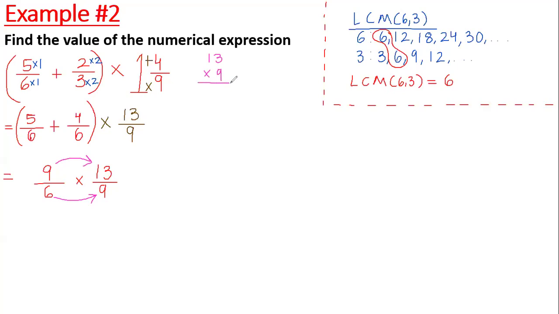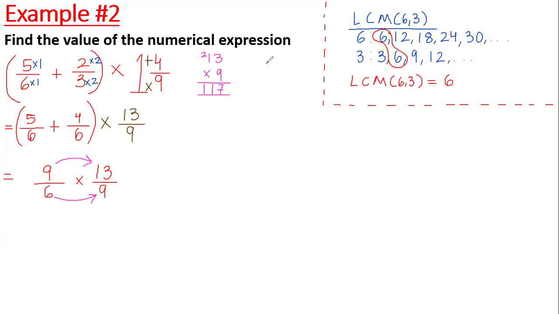Mr. Petit, can you also show us the shortcut, please? We can do it this way. 9 times 3 is 27. Put the 7 down, put the 2 above. 9 times 1 is 9 plus 2 is 11.